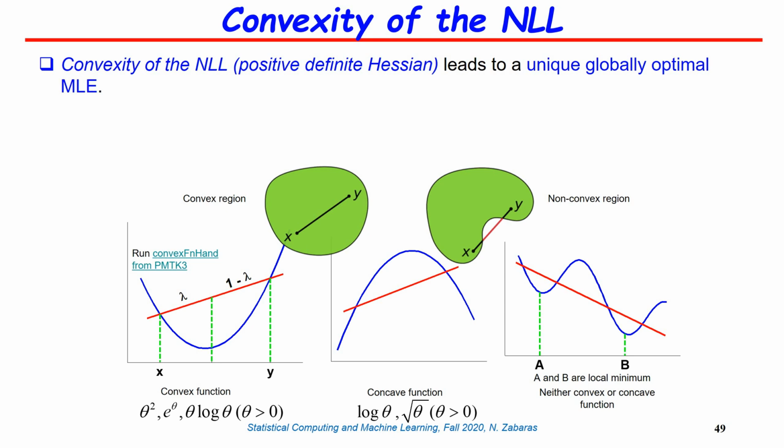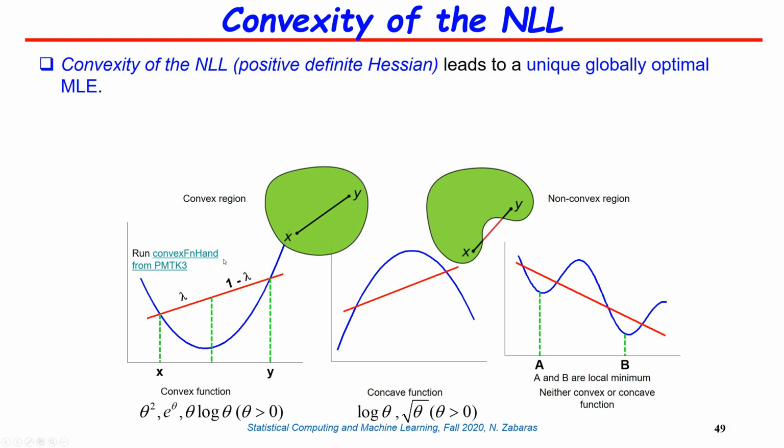So what you need to know here is what convexity means. And I define it here with these images, both in the context of a region. So this is a convex region, this is a non-convex region. A convex region is a region where if you take any points x and y and you connect them with a straight line, every point on that line belongs to the region.